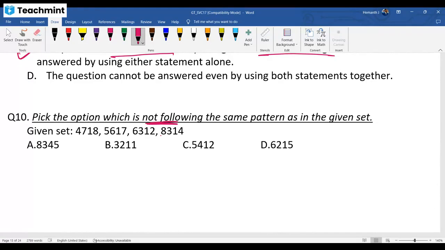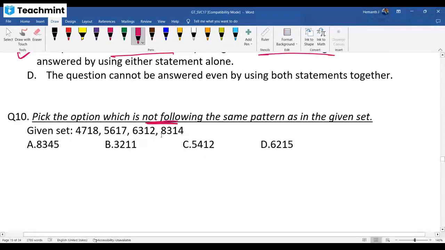First observe what pattern these numbers are maintaining. These numbers follow a certain pattern. Among the options, one number is not following that.